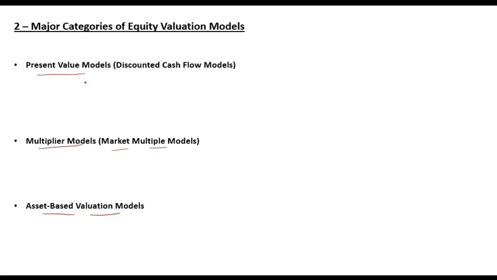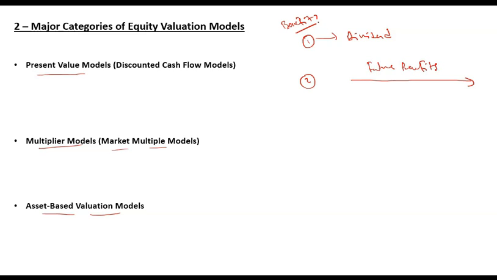value. So starting with the first one, what we do in present value models is that first we decide what actually is the benefit. So maybe you decide that the benefit is dividend. Then the next step is that you forecast future benefit. What will be the benefits in future?